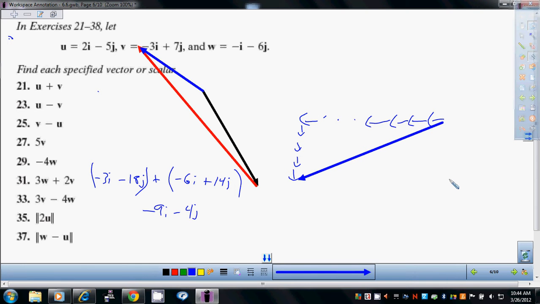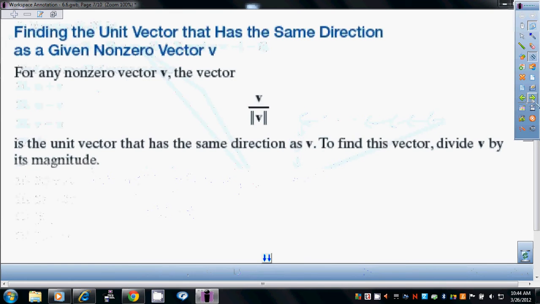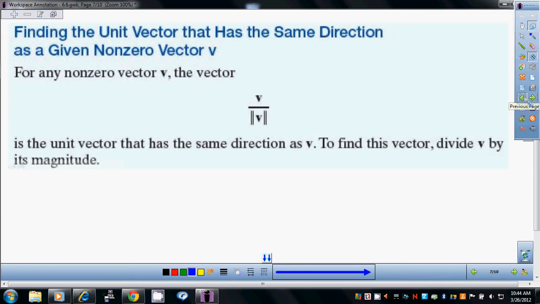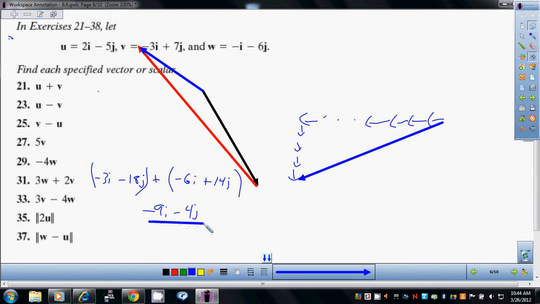Well, you can't just pull it out like that. So how you would find the equation for a 1 unit vector in your direction is you simply take your vector, so in this case, negative 9i minus 4j, and you divide it by the magnitude. So what is the magnitude of this one?